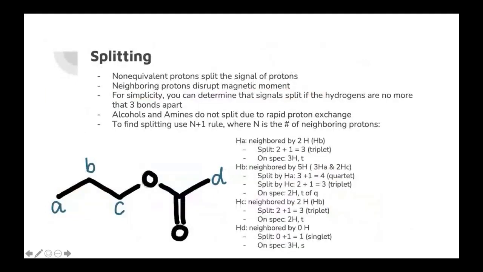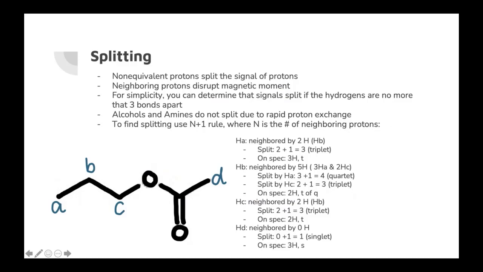Another important thing that shows up on an HNMR spectrum is splitting. Non-equivalent protons are going to split the signals of other protons because those neighboring protons are going to disrupt the magnetic field. For simplicity, you can determine if a signal is going to be split by a specific hydrogen if they're no more than 3 bonds apart.